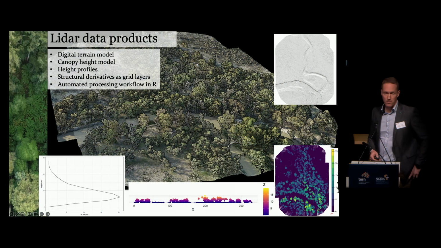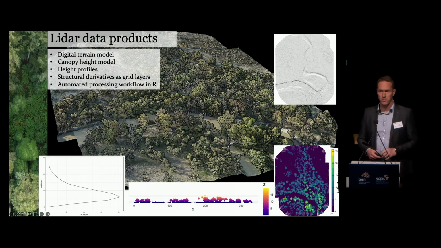We developed an automated processing workflow based on R and LiDAR that allows us to identify ground points and produce a digital terrain model, digital surface model, canopy height model, and vertical profiles. These are all spat out at the back end and delivered as spatial data products.